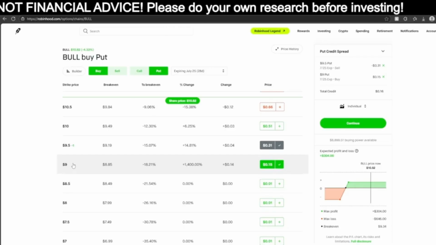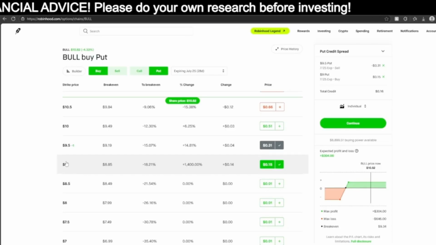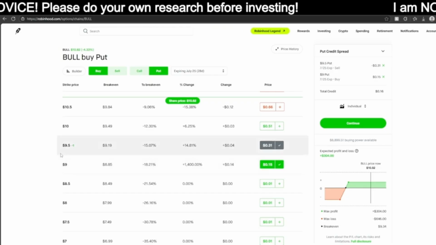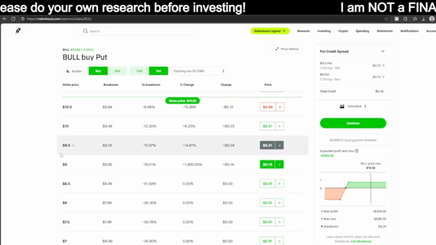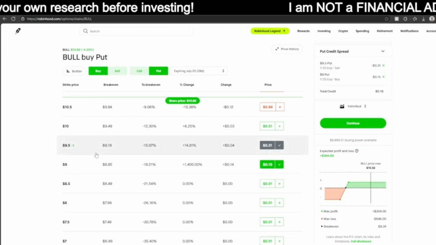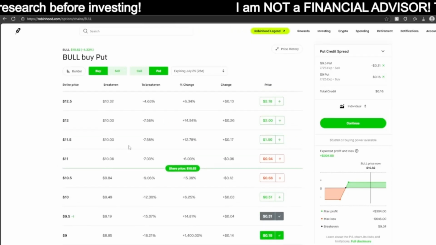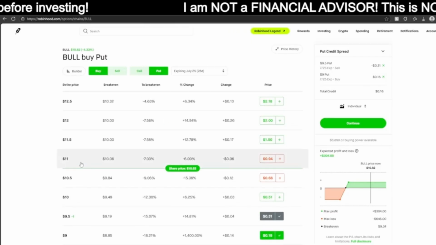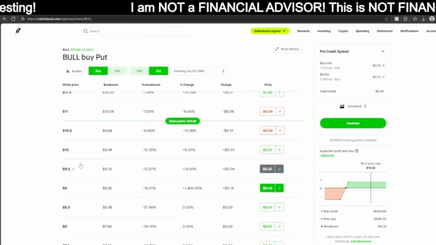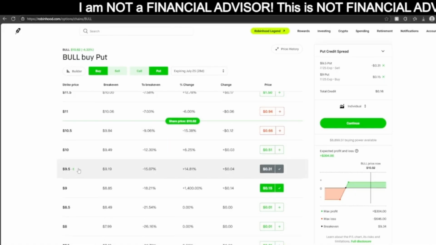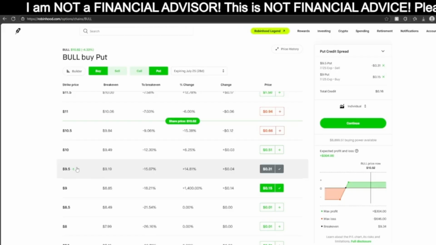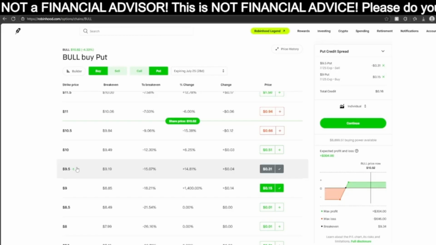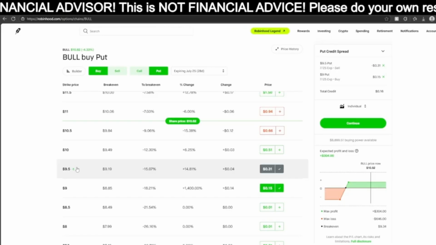So my advice would be, if you're going to go into these advanced trading strategies, make sure you're closing them before the date of expiration. Do not let it ride out. Unless Webull is trading at like $11, then yeah, let it ride out. It'll expire worthless. But if Webull is trading at like $9.55 at market open on Friday, you better think about how to close it before the market closes.